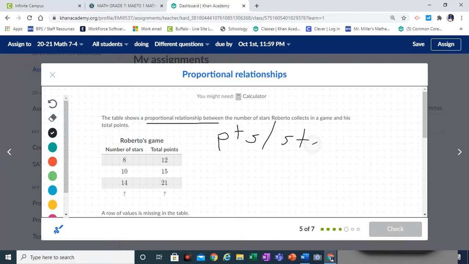If we're going to do points per star, we will want to do 12 divided by 8, and we get a number. You guys don't have to do all of them because you should get the same answer. If I did 15 divided by 10, you should get the same answer.